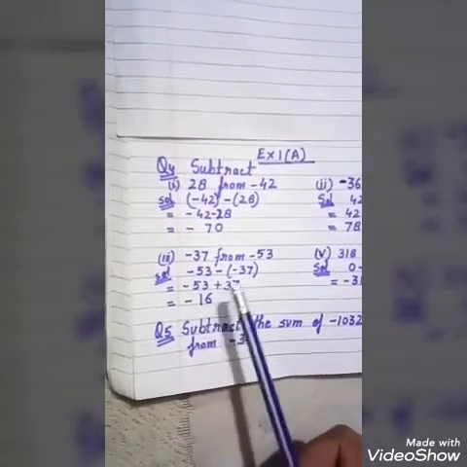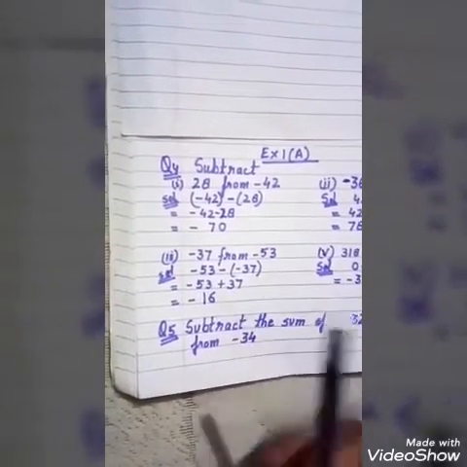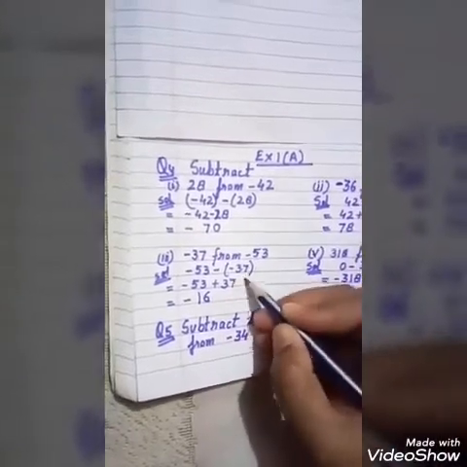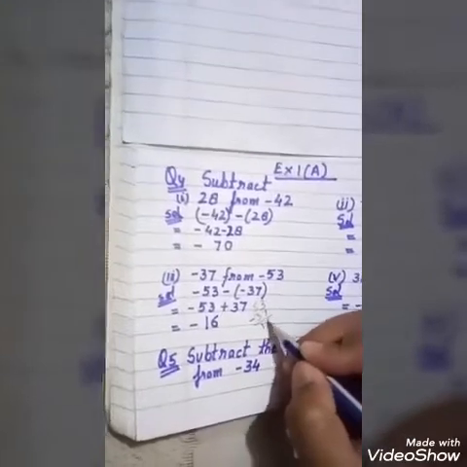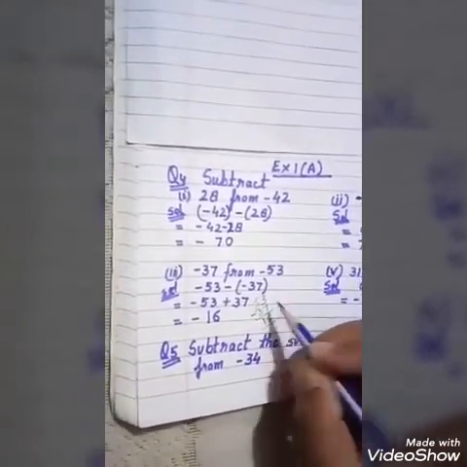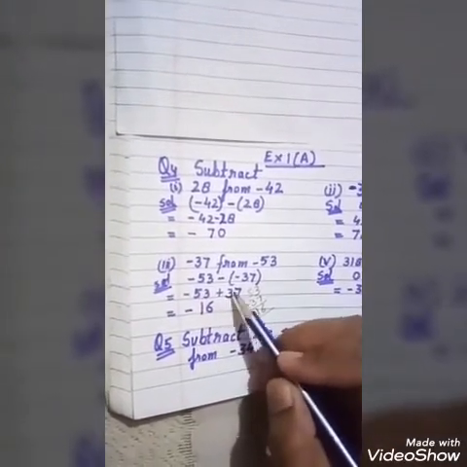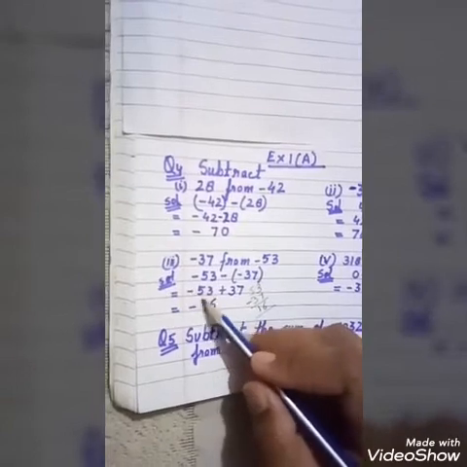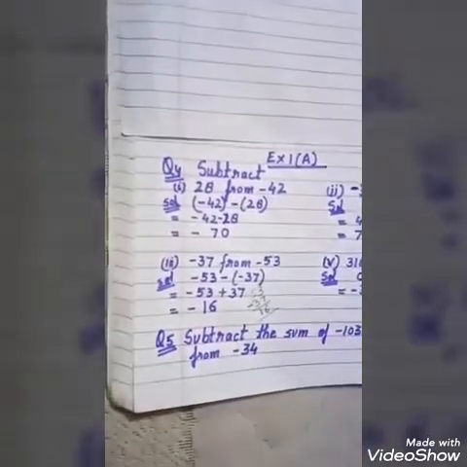Now one is negative, one is positive, so we subtract. 53 minus 37 is 16, but the sign will be of the bigger number. The bigger number among 37 and 53 is 53, so we take its sign. So the answer is minus 16.